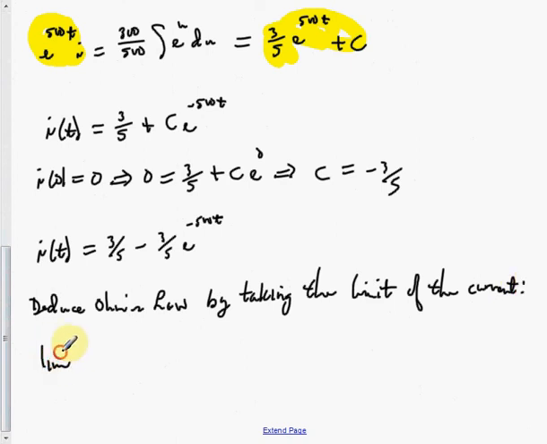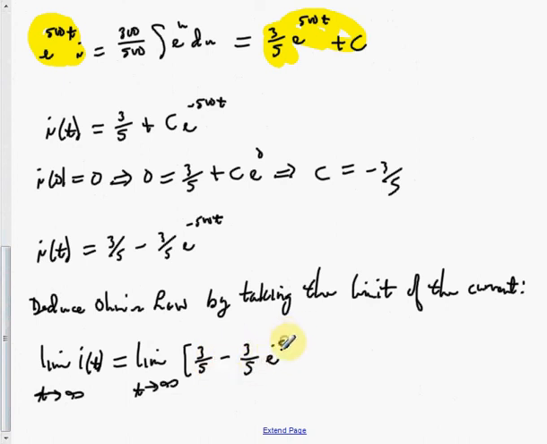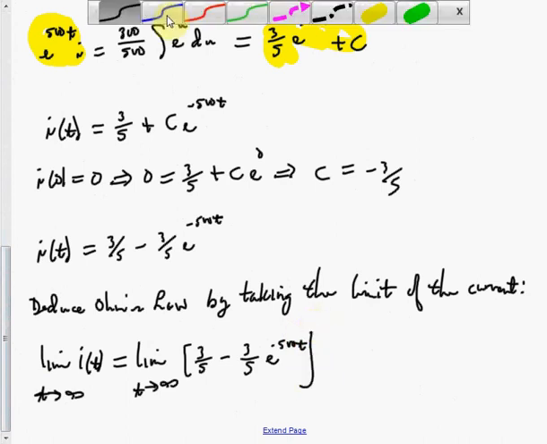So the limit of I of t as t goes to infinity is equal to the limit as t goes to infinity of 3 over 5 minus 3 over 5 times e to the negative 500t. Now, as t goes to infinity, e to the negative 500t goes to 0, right?